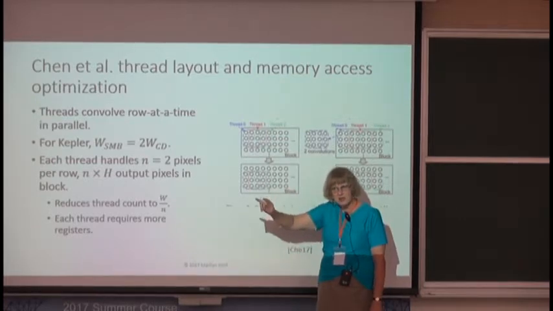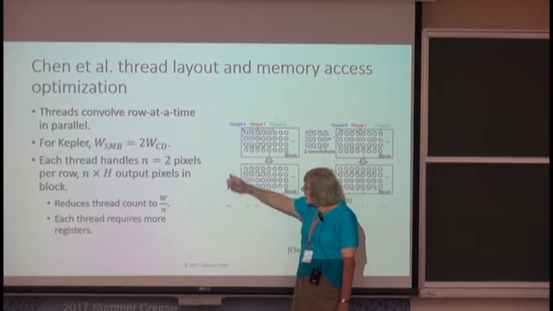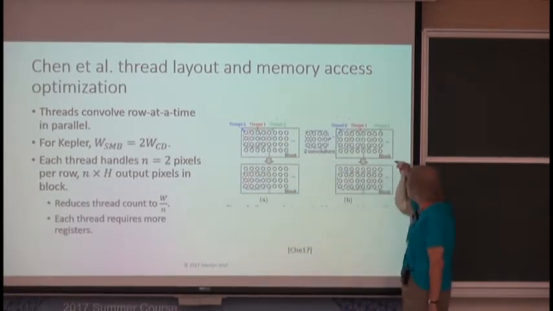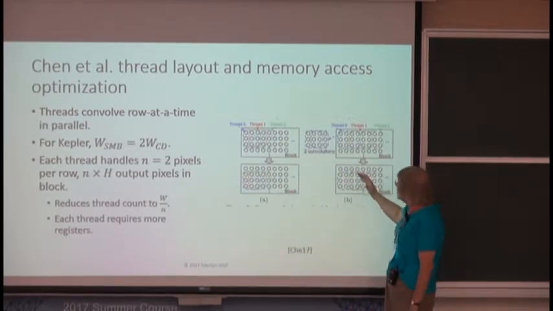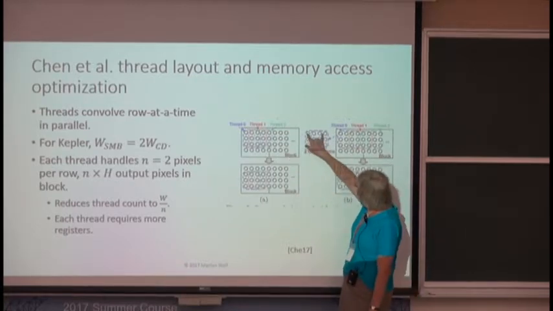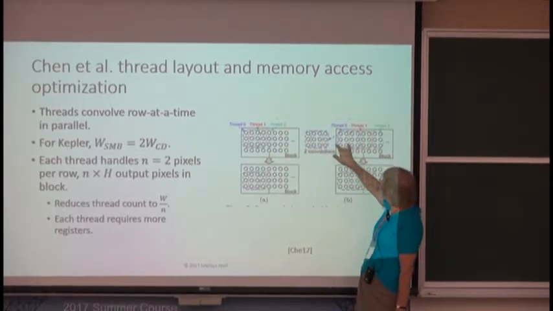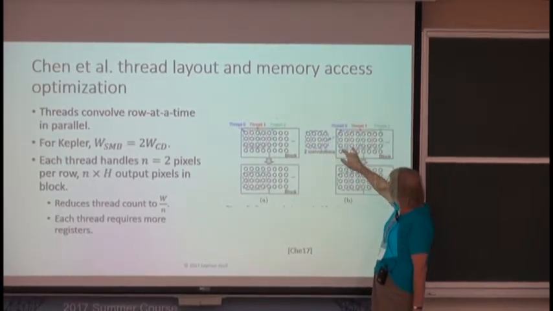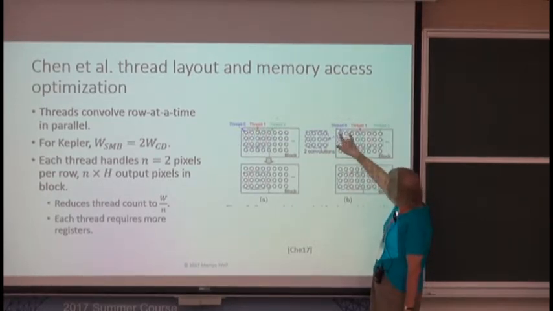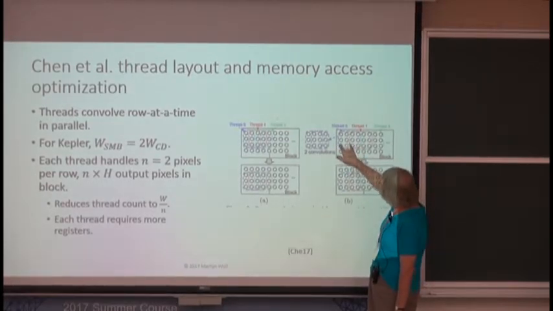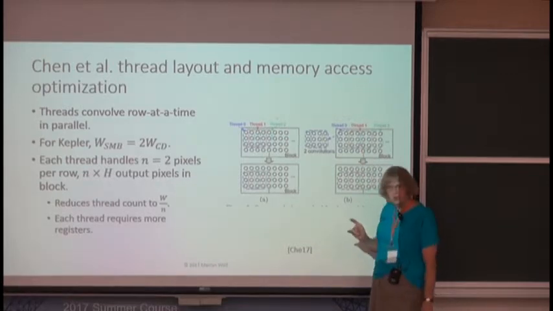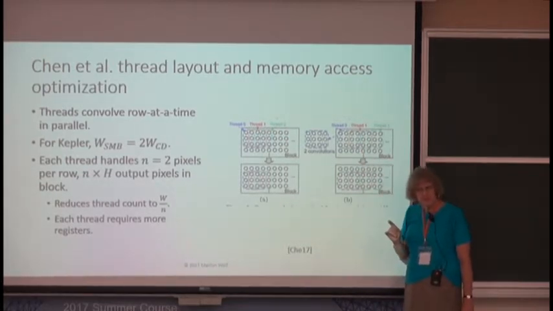Each of those threads is offset by 1. They're saying, in the case of the Kepler, what you can do is combine basically 2 of these into 1. So now the offset between adjacent threads is 2. Okay?